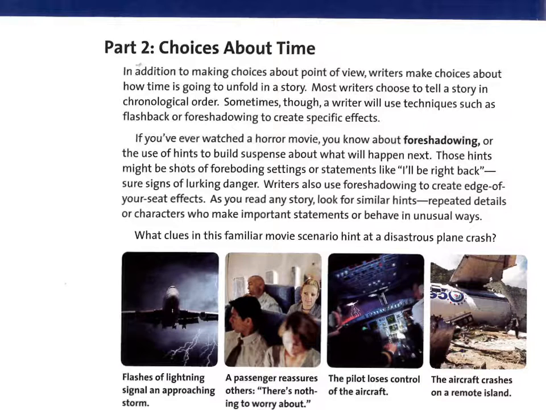Okay, now we're looking at part 2, choices about time. Okay, and the word you want to know there is chronology, chronological order. So in addition to making choices about point of view, writers make choices about how time is going to unfold in a story. Most writers choose to tell a story in chronological order.